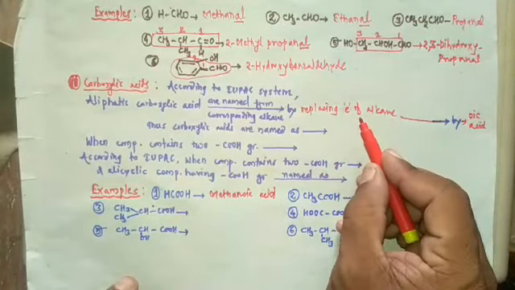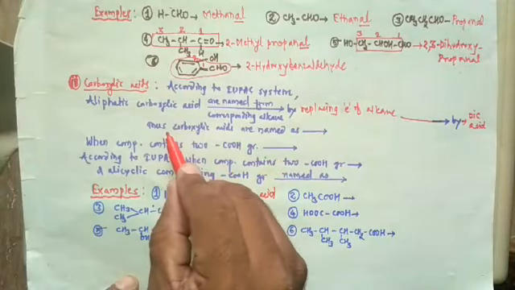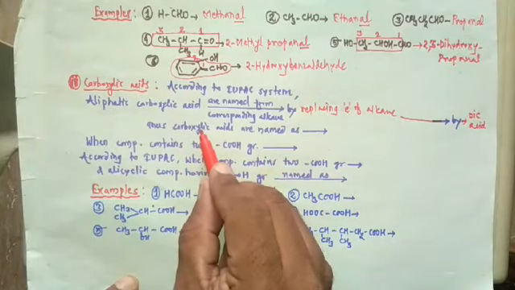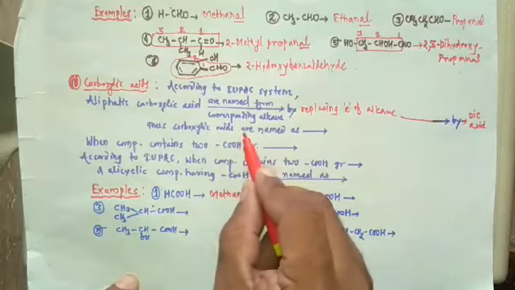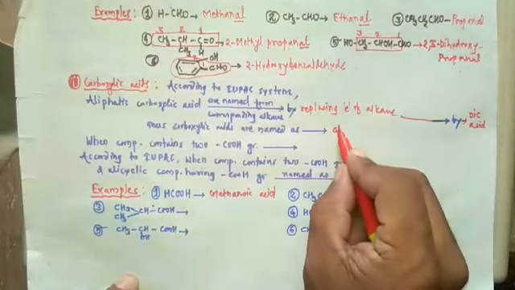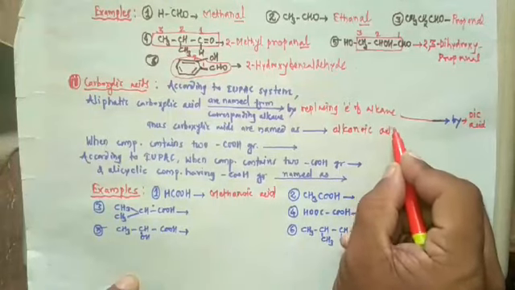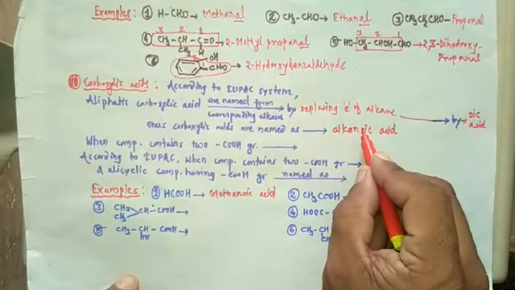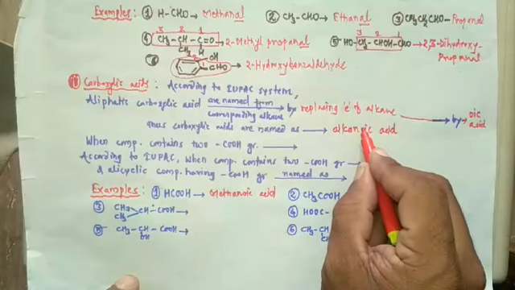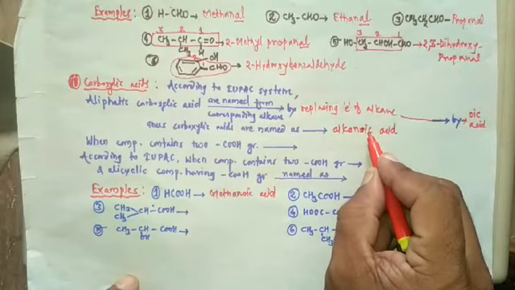Thus carboxylic acids are named as alkanoic acids, because the E of the parent alkane is replaced by oic acid.